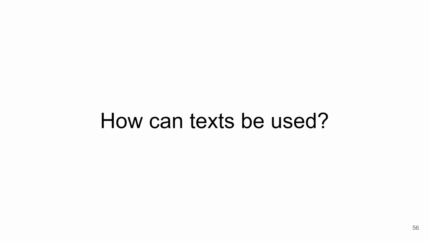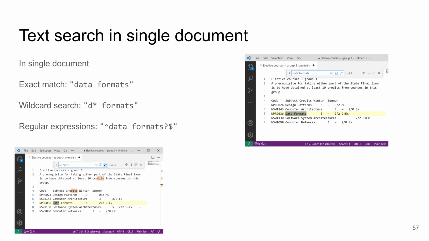What is left to be said is what we can do with text when we have it represented. So one thing we can definitely do is we can search in a single document. We can search using the exact match, which is the simplest method possible, where we search for the exact phrase or exact keyword, and we get where the keyword is in the text.